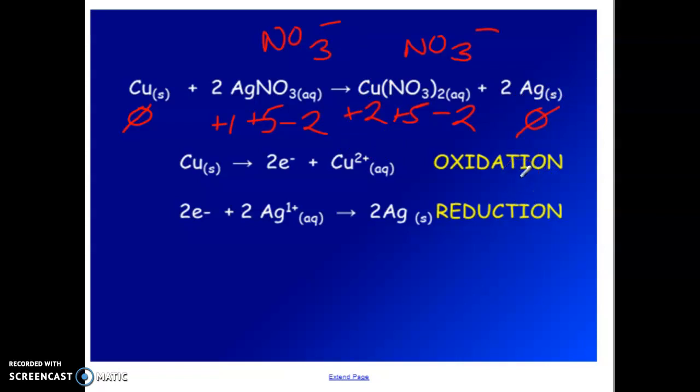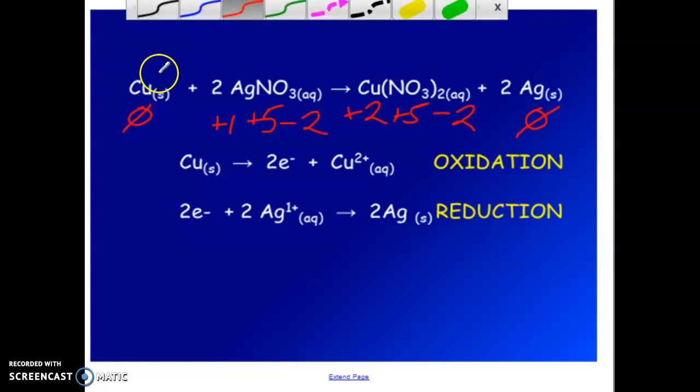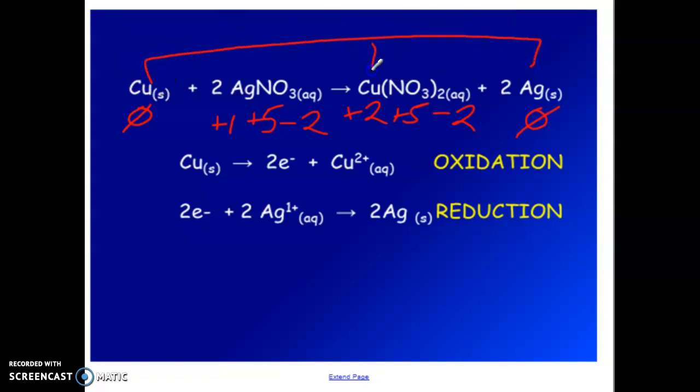So what is happening here is copper is going from 0 to +2. So what's happening there is it is losing 2 electrons, right? So we have copper solid losing 2 electrons to become copper +2 ion.